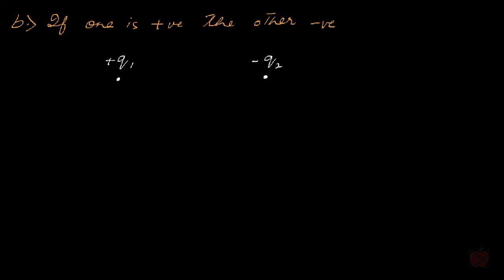If one is positive, the other negative, let's say I have a charge out here, this is plus Q1, and another charge out here, this is minus Q2. Understand? And this is the line joining their centers.